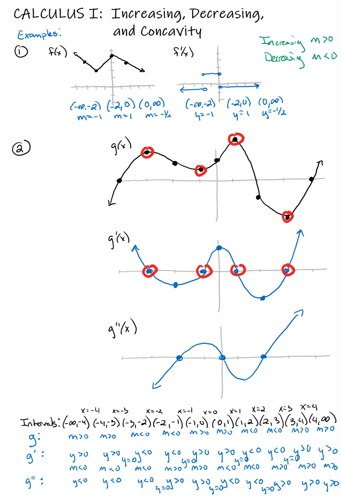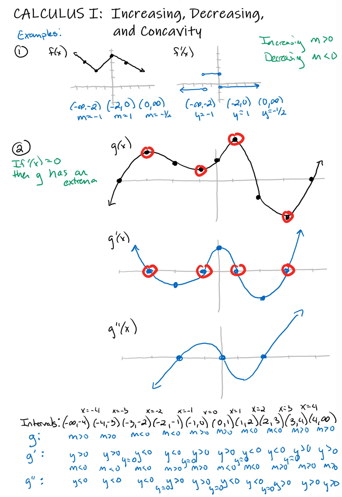So moral of the story, if G prime of x equals 0, then G has an extrema, either a maximum or a minimum.